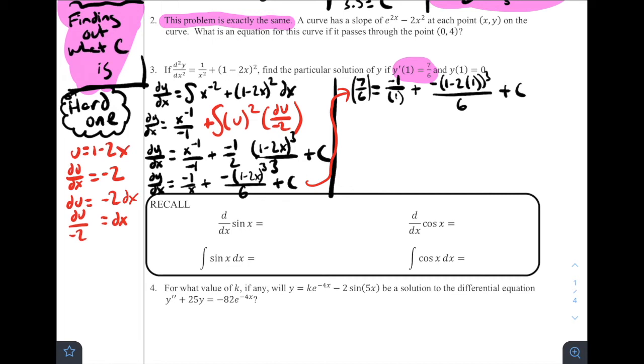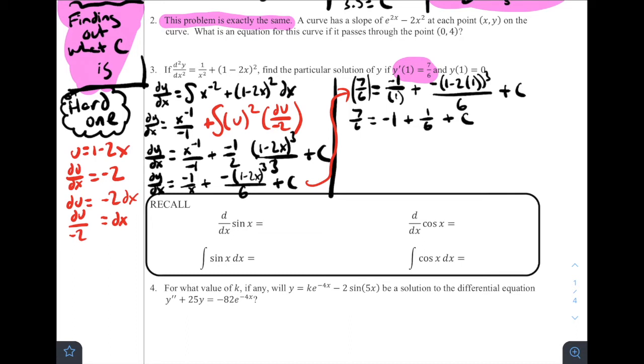And so if we want to simplify that we get 7 over 6 is equal to negative 1 over 1, which is negative 1, plus, what's this going to be? We've got 1 minus 2, so that's negative 1 cubed. Negative 1 cubed is going to be negative 1, so we have a negative 1, which gives us a positive 1, divided by 6. So plus 1 over 6 plus our c.